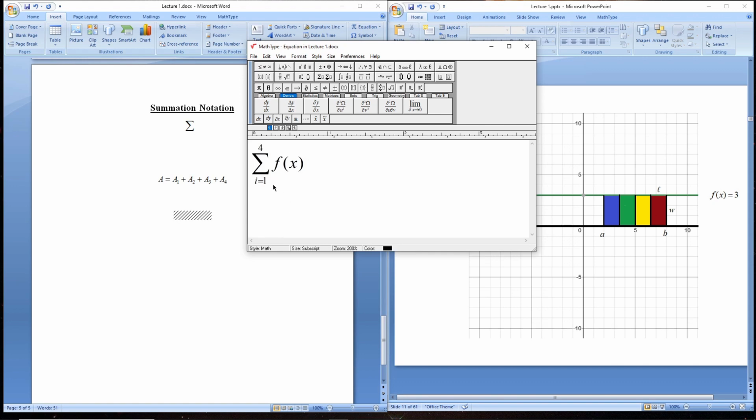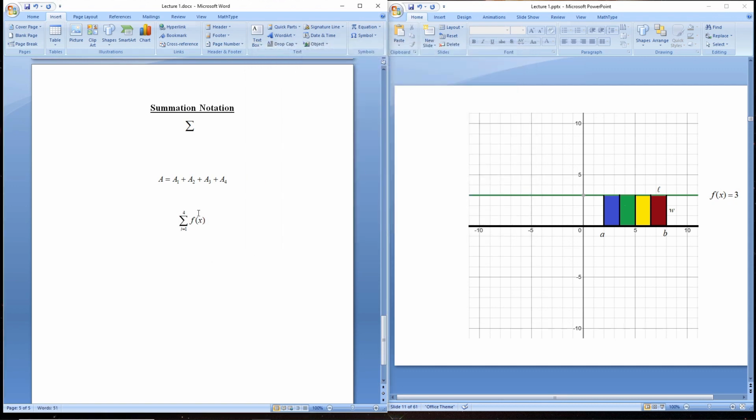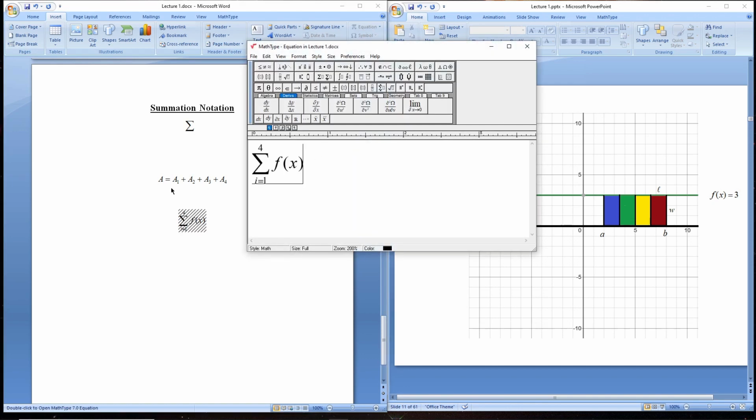So the i will go 1, 2, 3, and 4. i will never be, say, like 1.5. In the summation notation, it's understood that i increments by 1. And this allows us then to write a compact expression for what our area would be. So if I take this formula and we look at what our area is, what we would then have to do is we would simply write this then as A sub i.